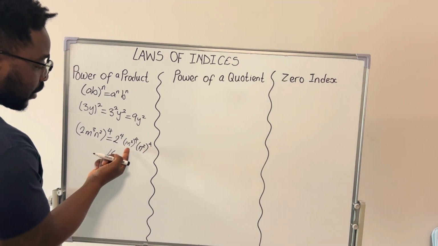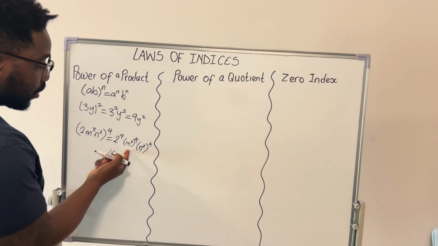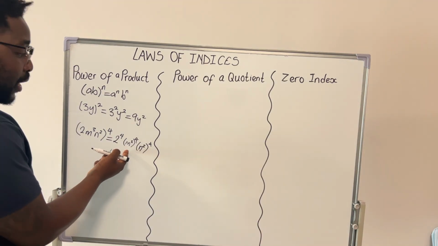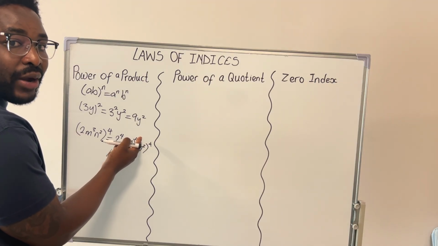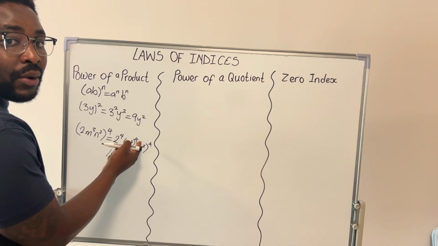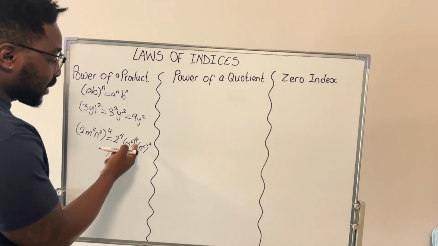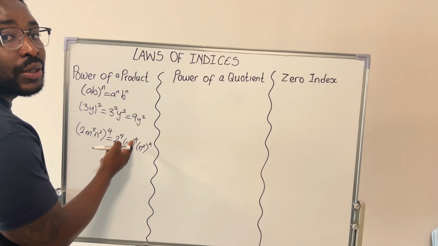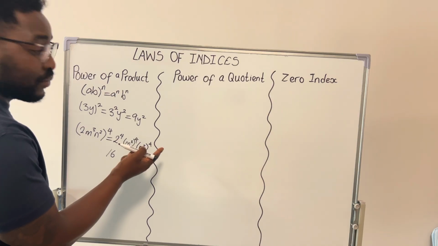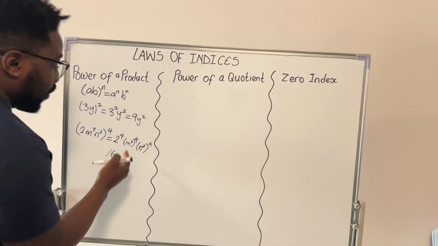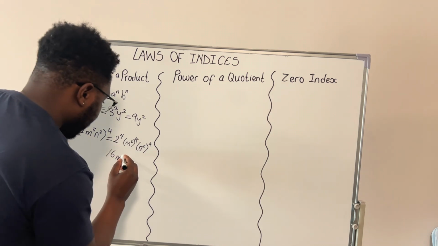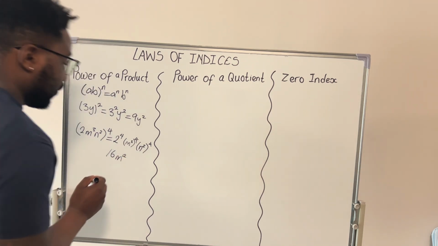Let's look at our second term over here. We have an indices expression raised to an index, so we're going to use the power of a power law, and we just have to multiply the two indices. So that will be m to the power 3 multiplied by 4, that's 12, so m to the power 12.